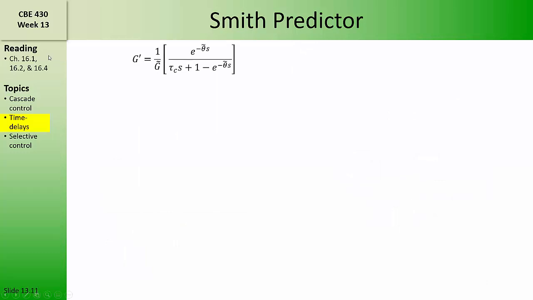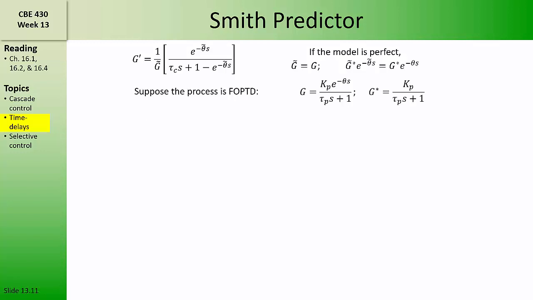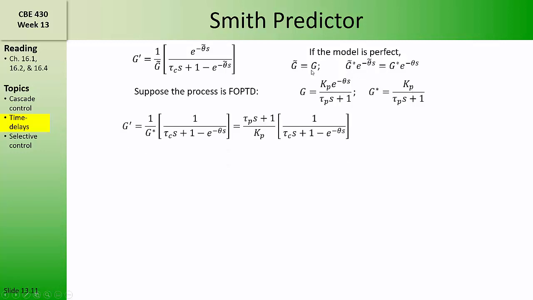Now we'll call G' the Smith predictor controller tuned according to the direct synthesis method, which is shown here. If our model for the process is perfect, that is, if g tilde is exactly equal to g, then g tilde star e to the minus theta tilde s is exactly equal to g star e to the minus theta s. If our process g is an FOPTD model, then g star is the same as g without the time delay.